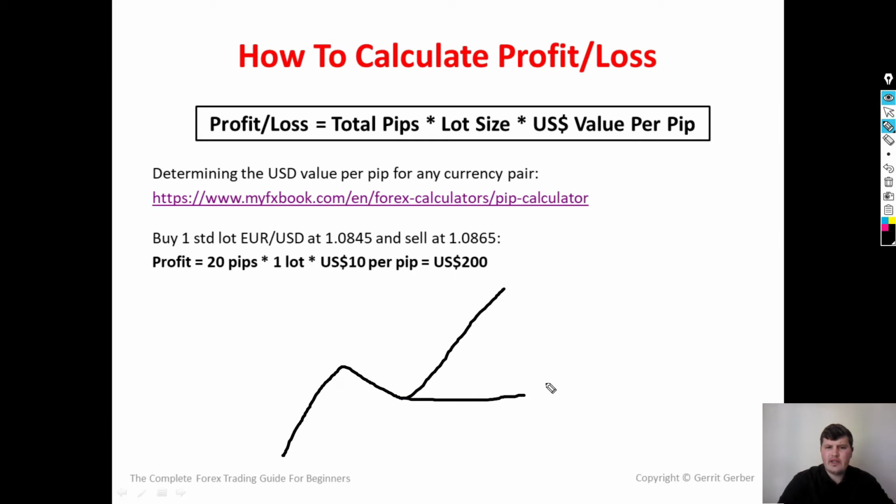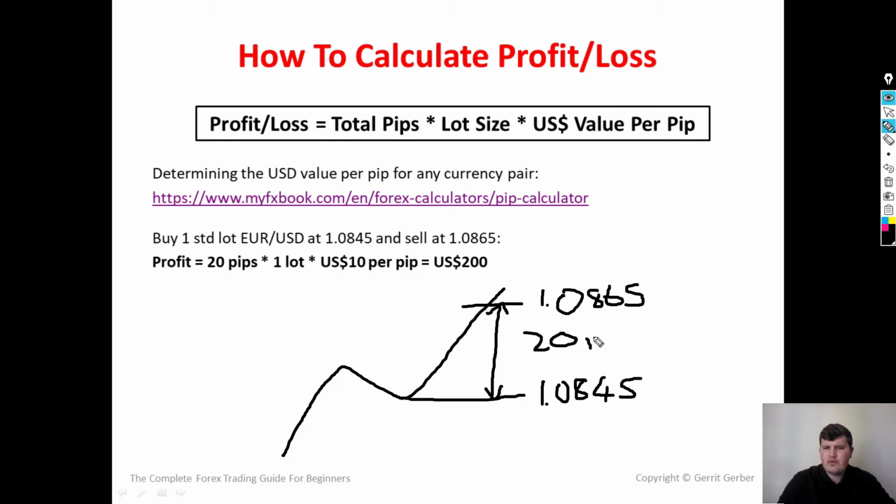We're going to buy it over here at 1.0845, and we are going to sell at 1.0865. So the difference between these two quotes is 20 pips, a 20 pip difference, and that would be equal to your total pips in the equation.